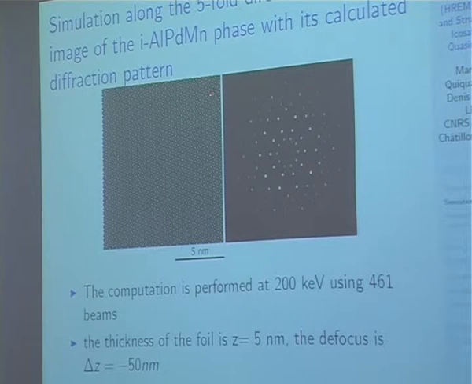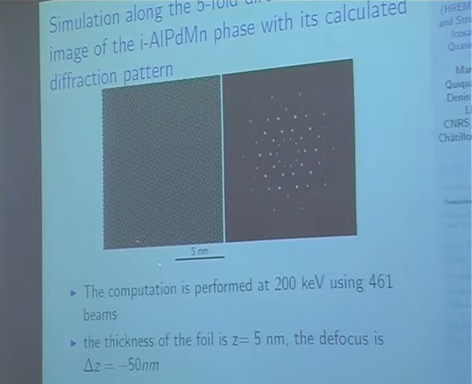I don't talk about the model of this phase now. I talk about the model later. And there is the corresponding calculated diffraction. The computation is performed at 200 kilo electron volt, and I use 461 beams that are shown on the diffraction pattern.